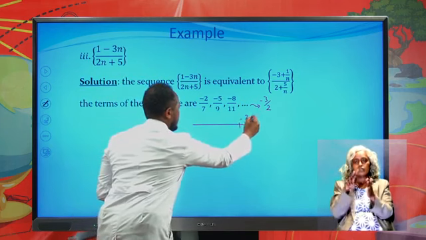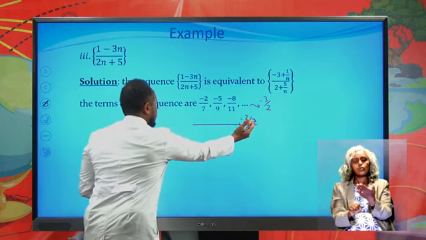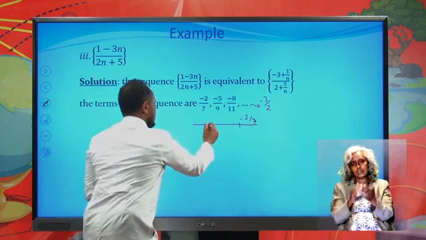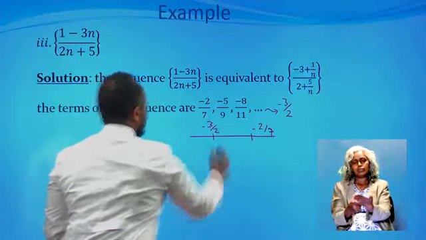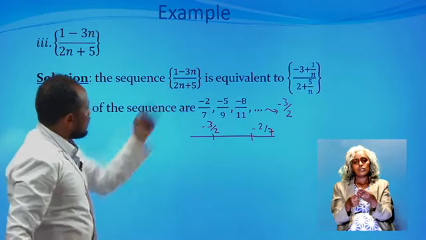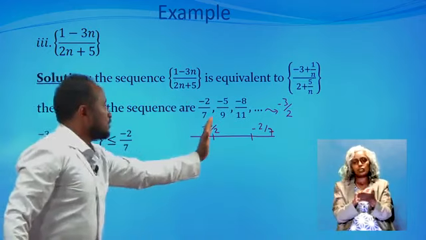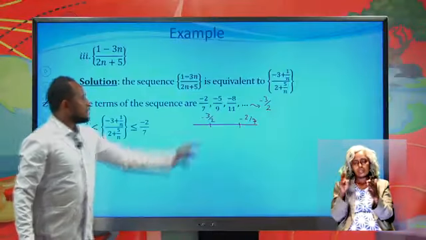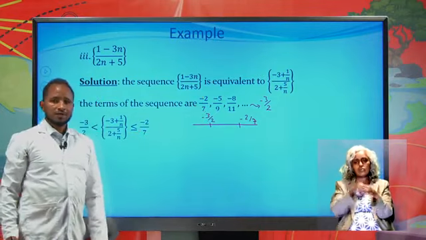From negative 2 over 7, the value is decreasing. So you will find negative 3 over 2 here. Therefore, the values of this sequence are found between negative 3 over 2 and negative 2 over 7. Negative 2 over 7 is part of our sequence, so it includes negative 2 over 7.